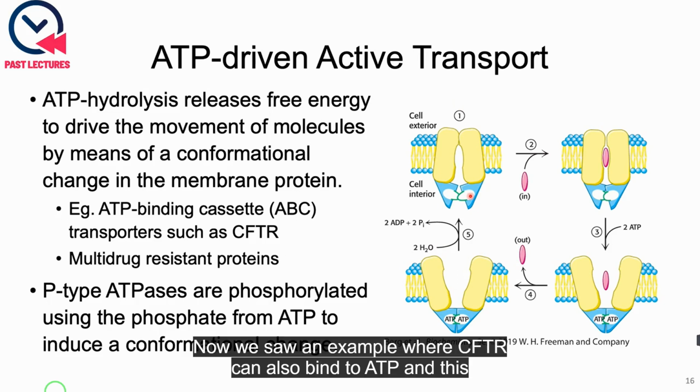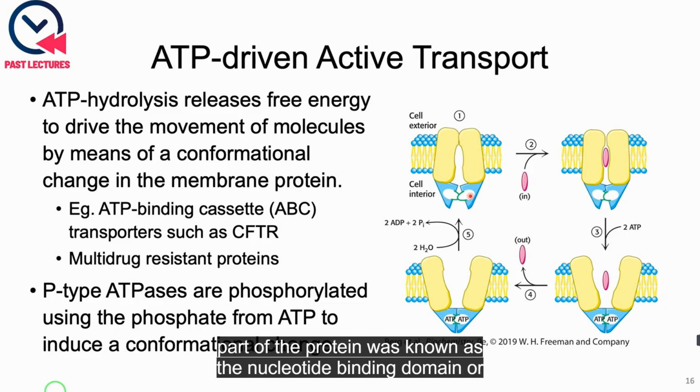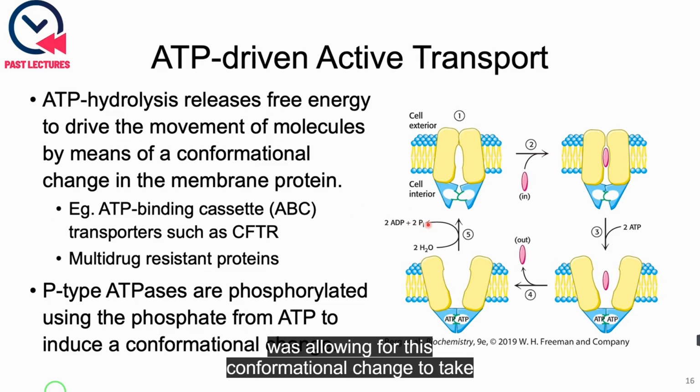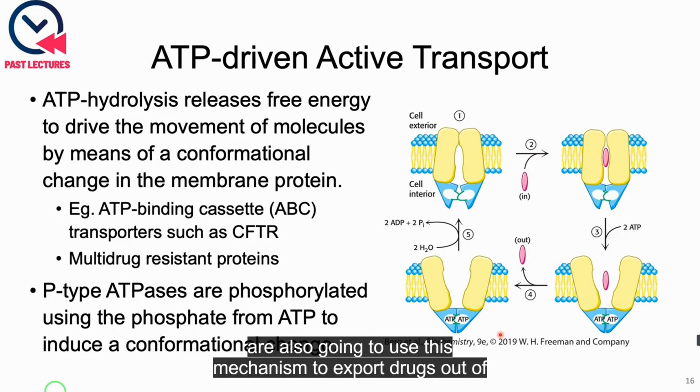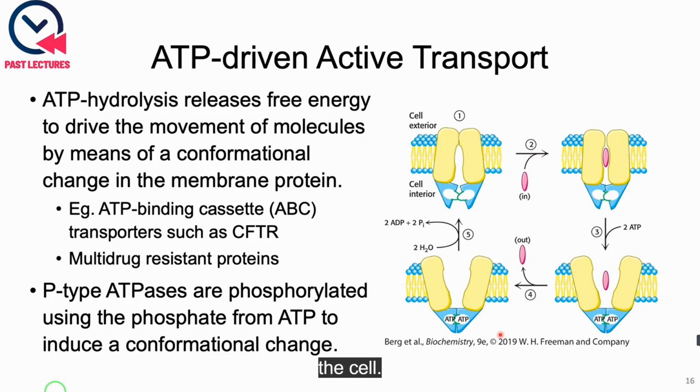Now, we saw an example where CFTR can also bind to ATP, and this part of the protein was known as the nucleotide binding domain, or NBD, where the hydrolysis of ATP to ADP and inorganic phosphate was allowing for this conformational change to take place, and that was allowing for the transport of chloride ions. Okay? And you'll sometimes hear these types of membrane proteins referred to as ABC transporters. The multi-drug resistance proteins are also going to use this mechanism to export drugs out of the cell.